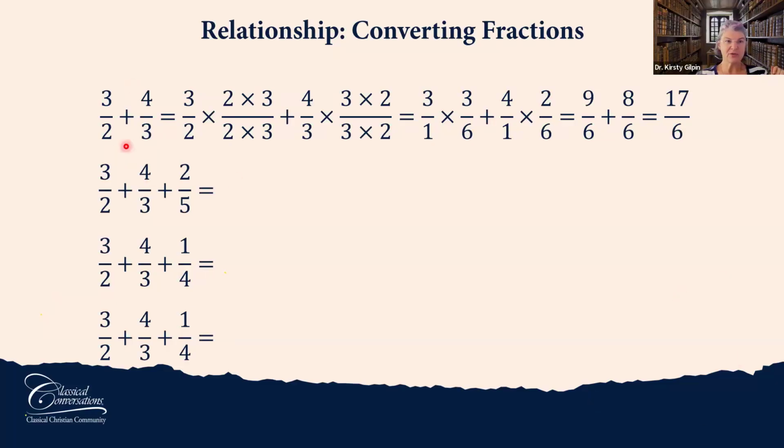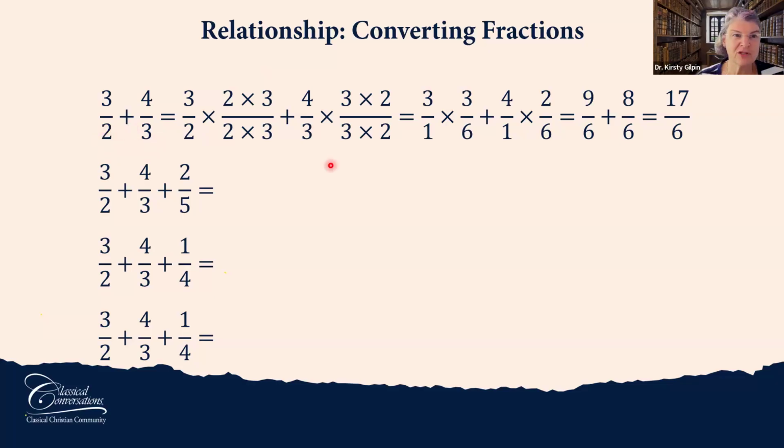So 3/2 plus 4/3. And this is using the idea of converting the fractions. I have 3/2, and my conversion factor here has a 2 and a 3, because I need my factor.